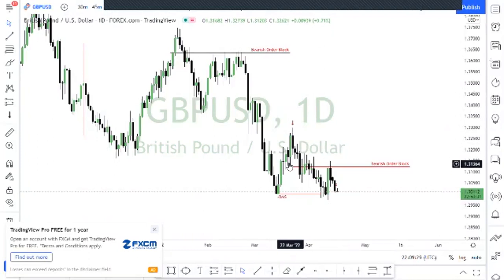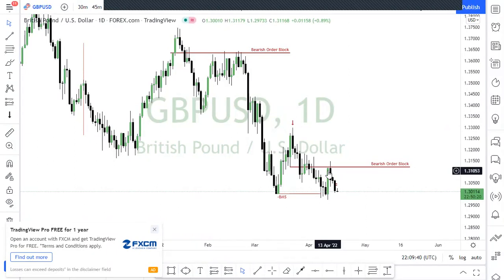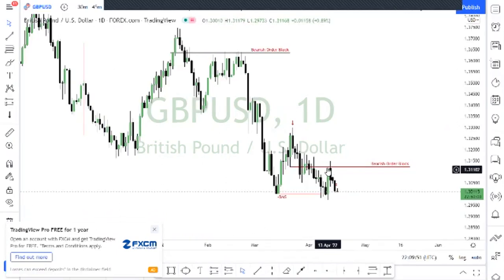And a bearish order block is meant to prepare price to sell. It's meant for price to find resistance at the level. So seeing this order block act as a resistance right here, you shouldn't be surprised by that.